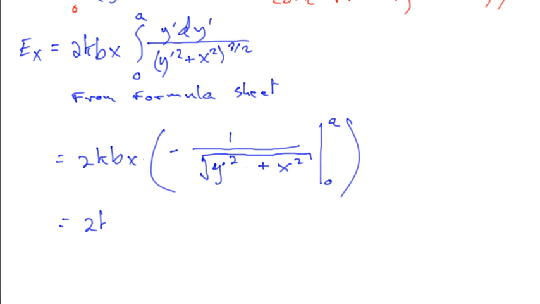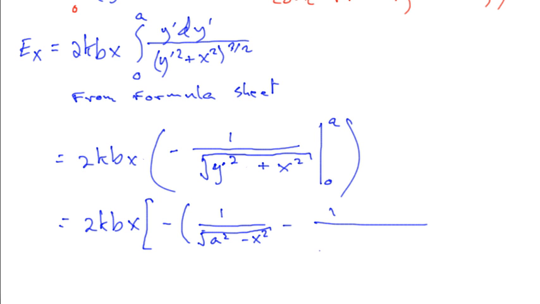So 2kbx times minus 1 over the square root of a squared plus x squared, minus 1 over the square root of 0 squared plus x squared.